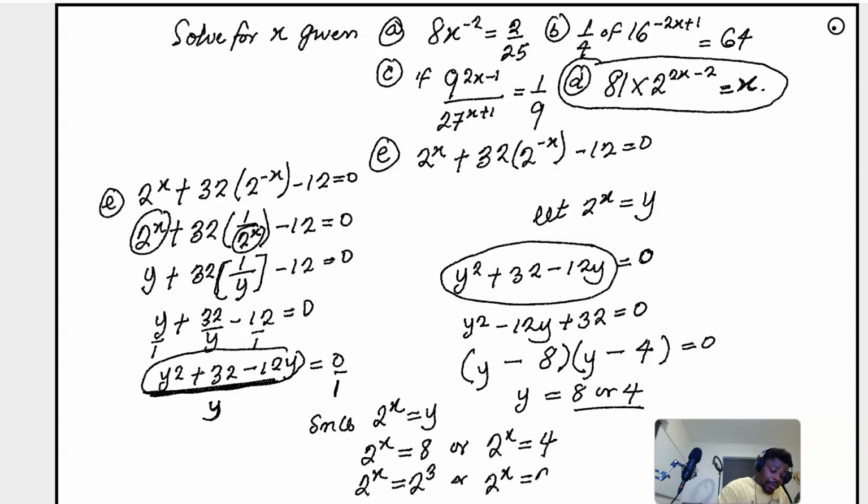And 4, that is 2 raised power 2. So the base here is equals to the base here. So x is equals to 3. Or the base here is equals to base here. So x is equals to 2. So x is equal to 3 or 2.